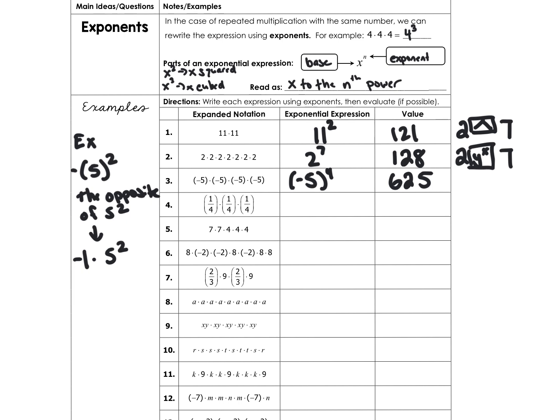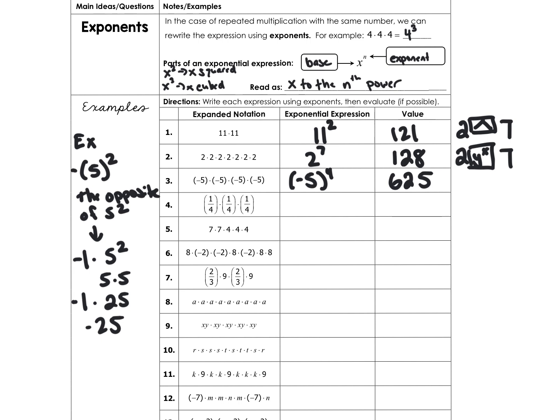So this is evaluated slightly differently, as we would do the exponents first. So we would do 5 times 5, which would be 25, and then we multiply it by that negative 1 in the end. So this one ends up being negative 25. So it is important to pay attention to where that negative sign is when it comes to exponents, because if it's outside the parentheses, then it comes afterwards. If it's inside the parentheses, then it's part of the exponent.